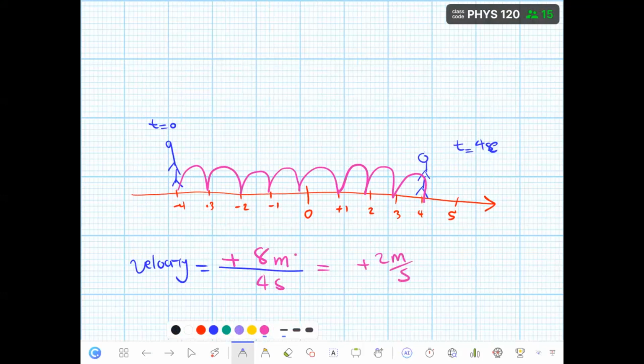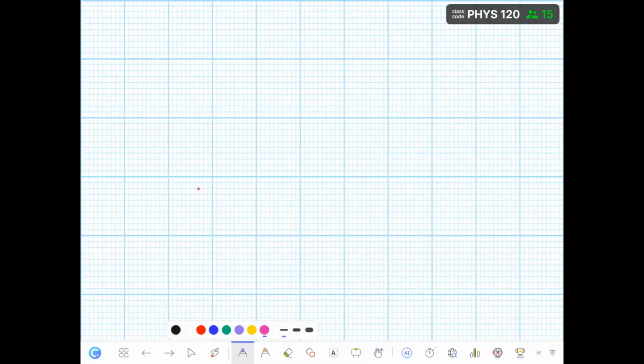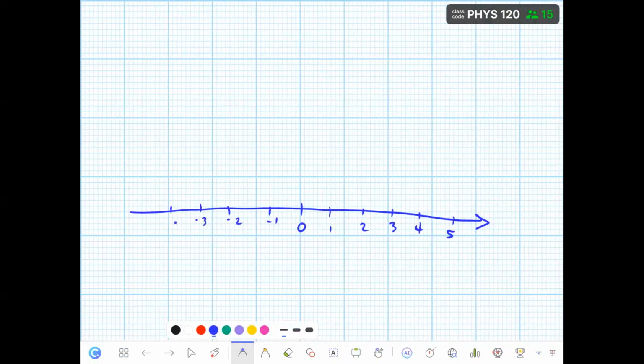Next one, I'm going to ask you to just solve the next one. This is a coordinate system. It's not a good coordinate system, okay. The person is at 1, 2, 3, 4, 5, -1, -2, -3, -4.